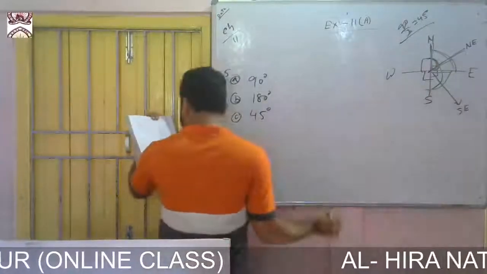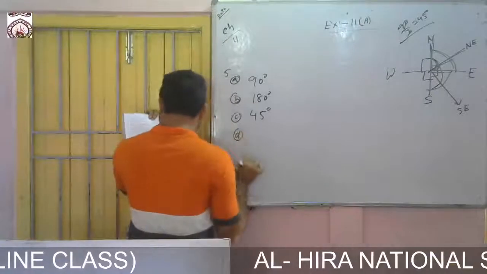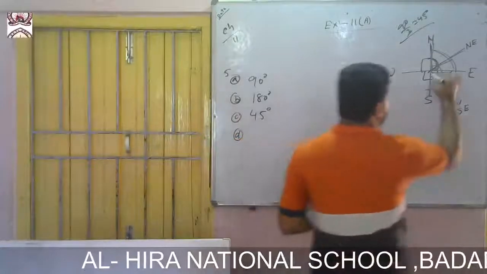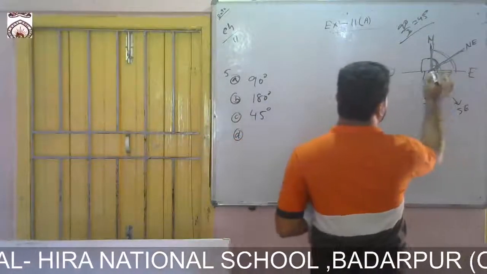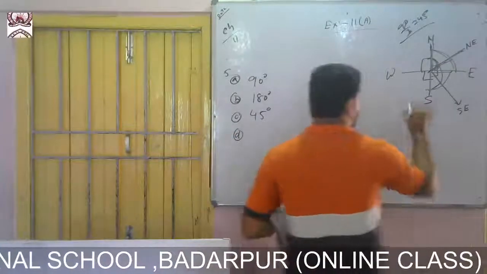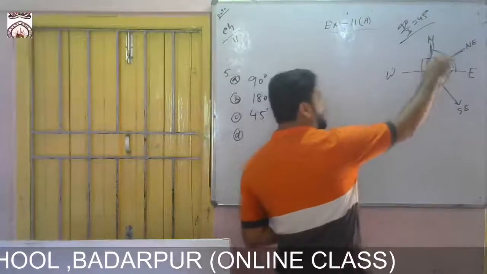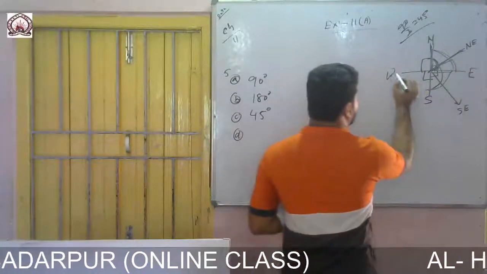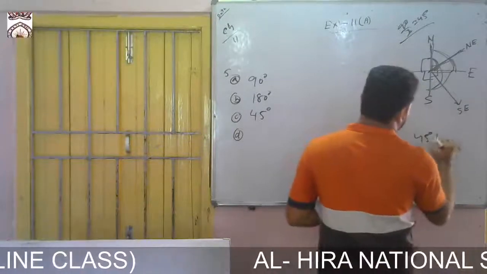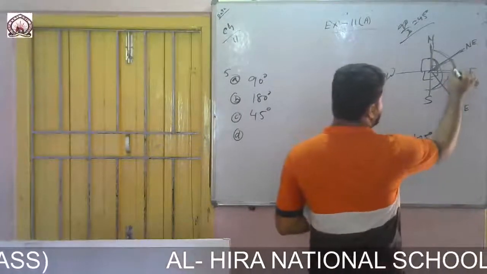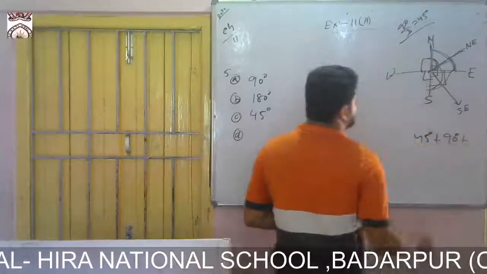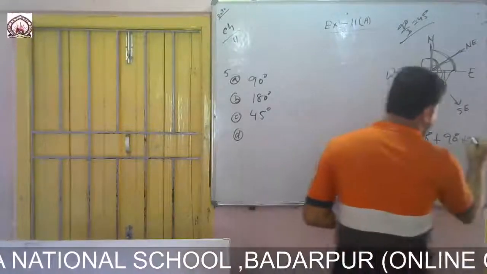Now come to question number D. What is there? From NE to W, and it is clockwise. So I cannot come the other way, clockwise. From NE up to W. So let us see. This one is 45 degrees, plus this portion 90 degrees, plus this portion again 90 degrees.